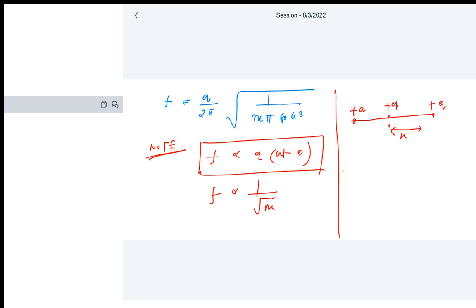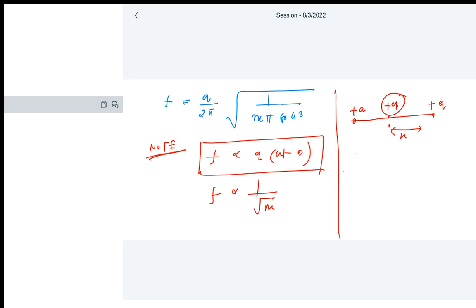For this displacement, this charge performs simple harmonic motion. For this motion, the charged particle has some linear frequency, and that frequency f is directly proportional to q and inversely proportional to root m.